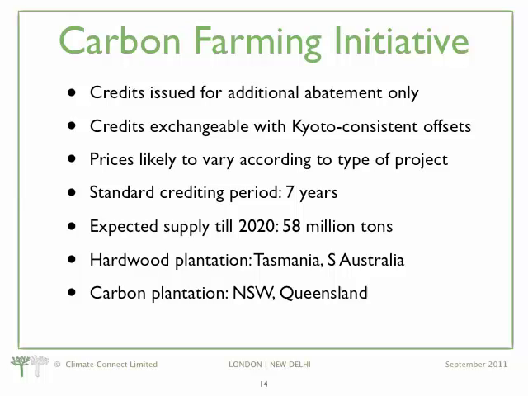The Federal Treasury expects a supply of credits worth 58 million tons by 2020. States which are likely to contribute significantly in the CFI scheme are Tasmania, South Australia, New South Wales and Queensland.